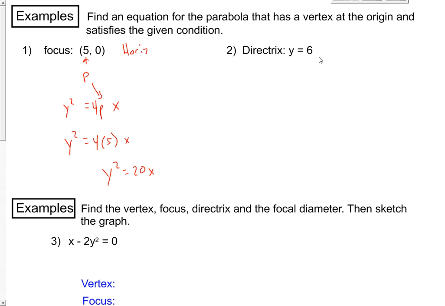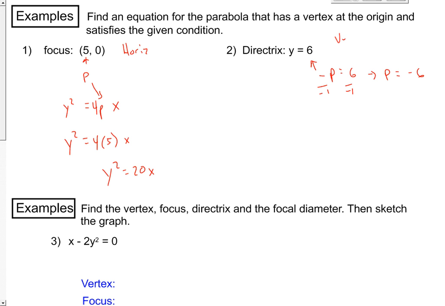Pretty much the same for the directrix over here for number 2. They're giving us the negative p-value. So if negative p equals 6, then that means the positive p equals negative 6. You're just dividing by negative 1. With this directrix being y equals 6, that's a horizontal directrix.